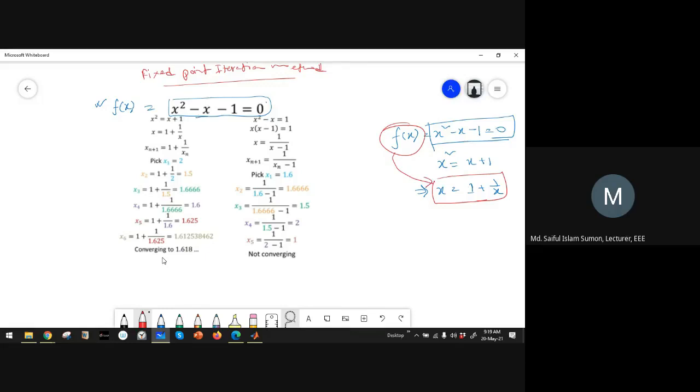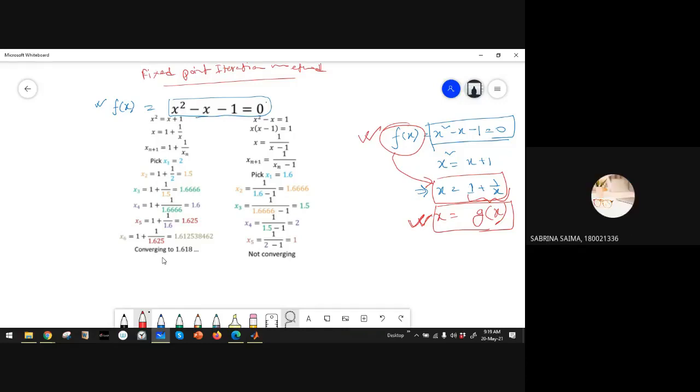From this f(x), I have separated x, and you can see x is also a function of x, g(x). So x is equal to g(x). These are the two things that I need to do. Up to this, are you okay, everyone?